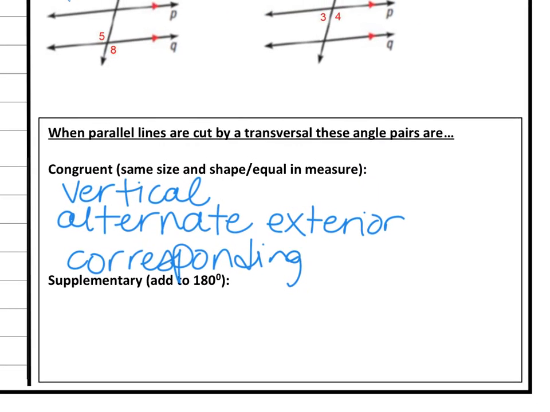I'm going to write it over here. Kind of ran out of room. So vertical, alternate exterior, alternate interior, and corresponding. We could trace one of those angles in patty paper, compare it with the angle that it's paired with, and they should be the same size and shape. They should have the same measure.